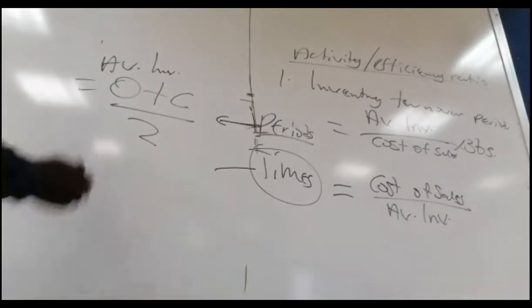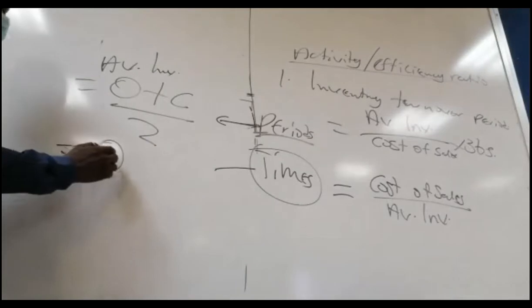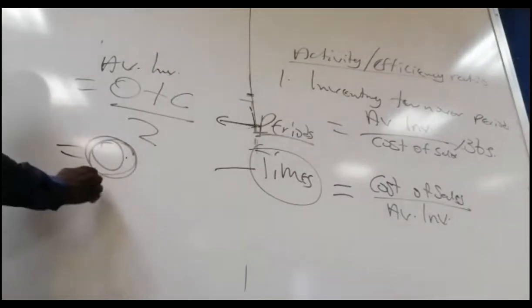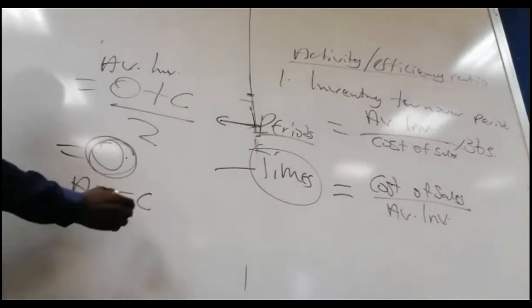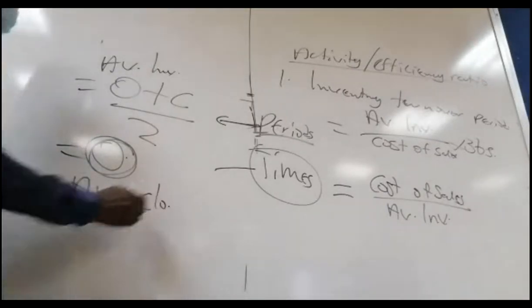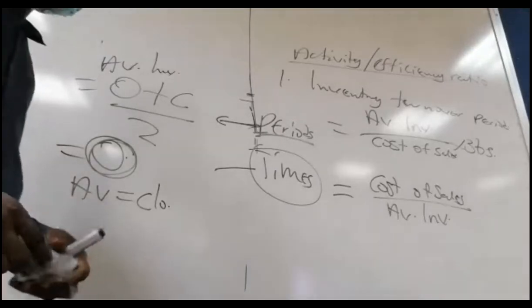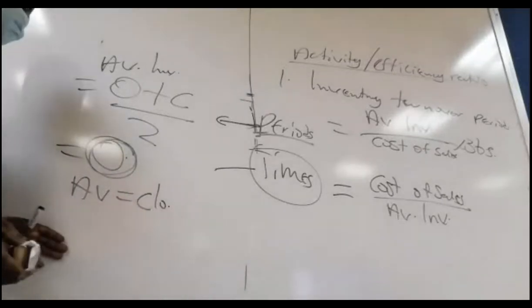Now, if the open inventory is not given, then the average inventory is equal to the closing inventory. If the open inventory is not given, don't assume that it is 0.